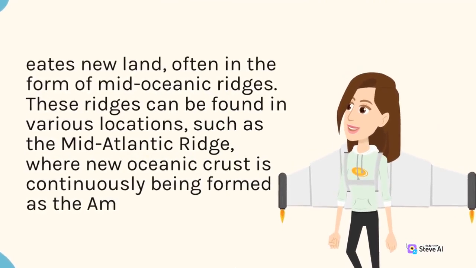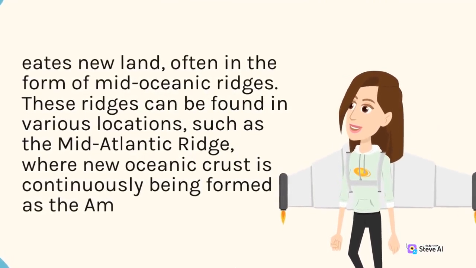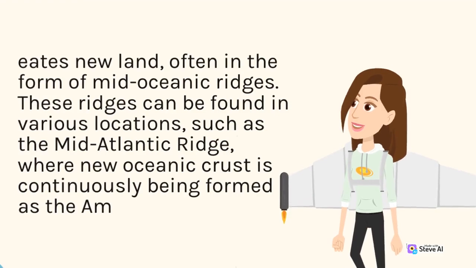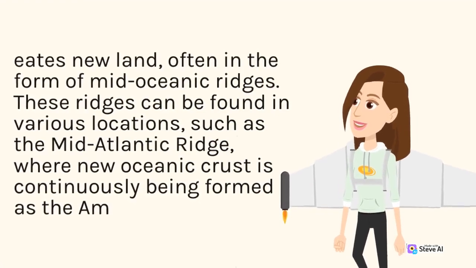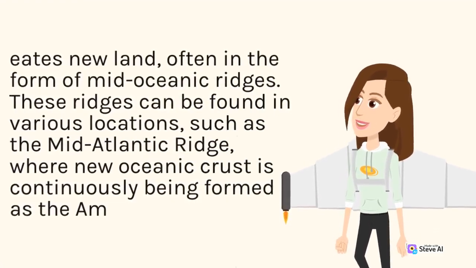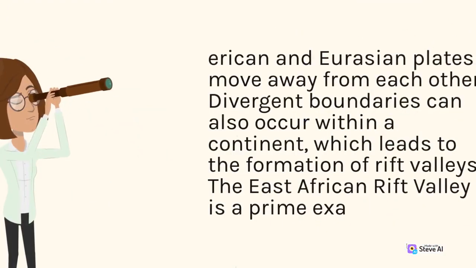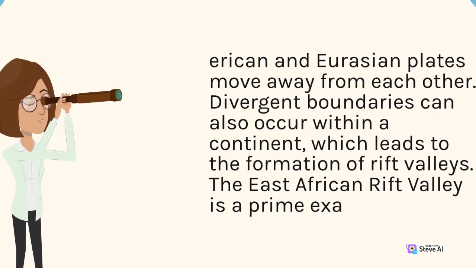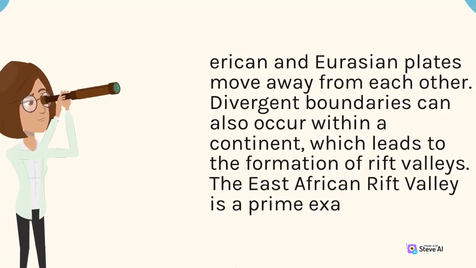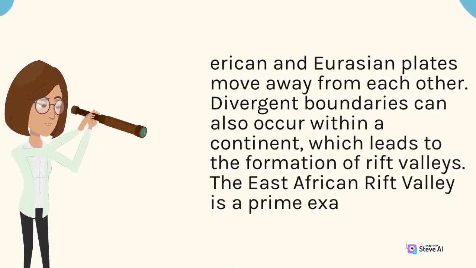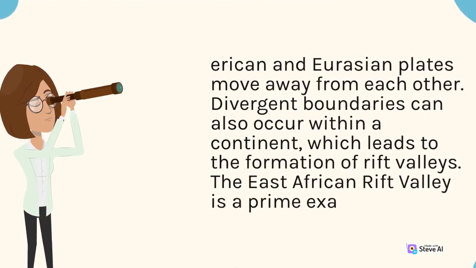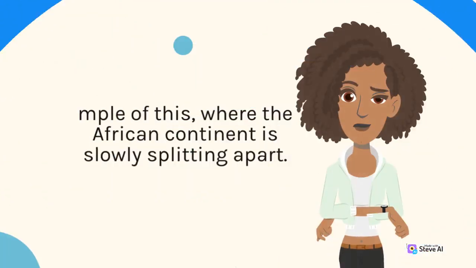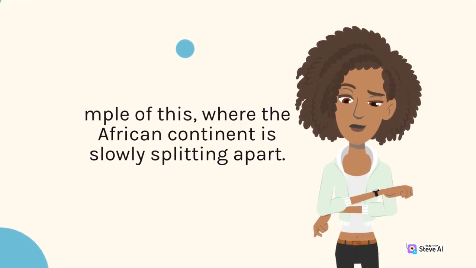These ridges can be found in various locations, such as the Mid-Atlantic Ridge, where new oceanic crust is continuously being formed as the North American and Eurasian plates move away from each other. Divergent boundaries can also occur within a continent, which leads to the formation of rift valleys. The East African Rift Valley is a prime example of this, where the African continent is slowly splitting apart.